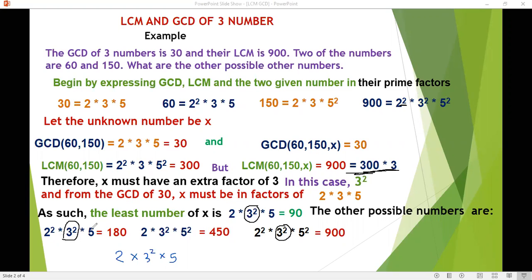Then here 5 is at its lowest power. The second one, we wanted to have 5 at its highest power and 2 at its lowest. Then the last one is where every factor here has the highest power possible.